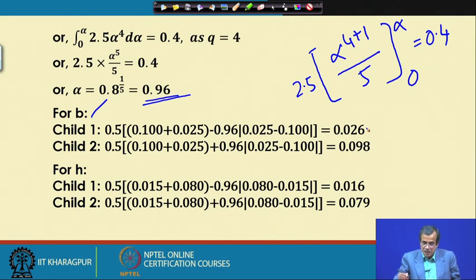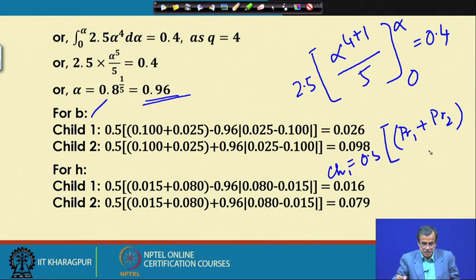So, child 1 is 0.5 multiplied by parent 1 plus parent 2, minus alpha, the mod value of the difference between parent 2 minus parent 1.